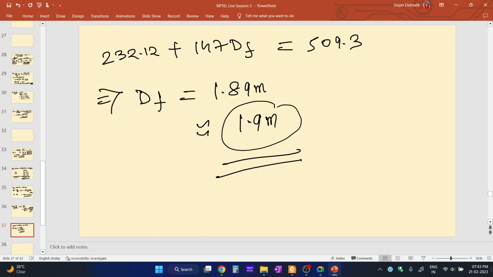If we solve this, we get Df is equal to 1.89 meter, that is 1.9 meter.